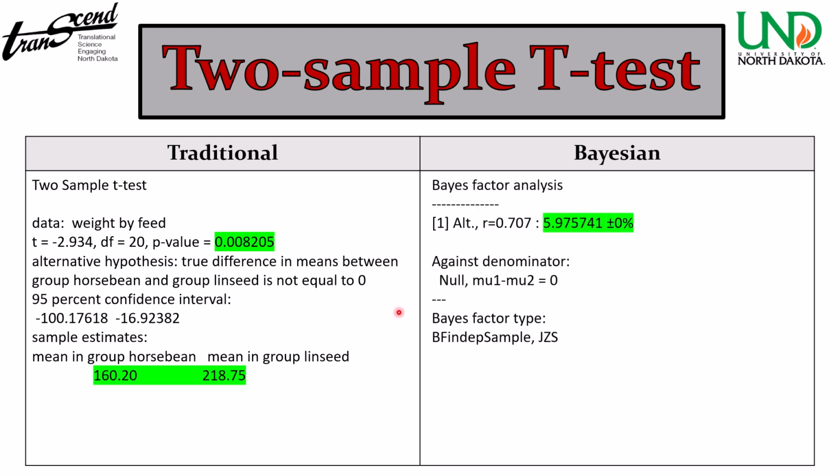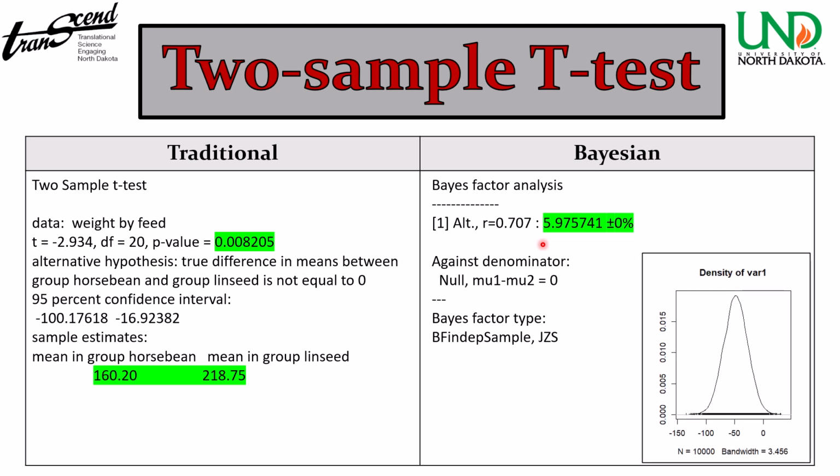Now, if we do Bayes, we get a Bayes factor of 5.9, about 6, which is moderate evidence for the alternative hypothesis. And we can plot things here, and this actually isn't the means, but more or less the difference in the means. So from here, it looks like the difference in the means is about 80.